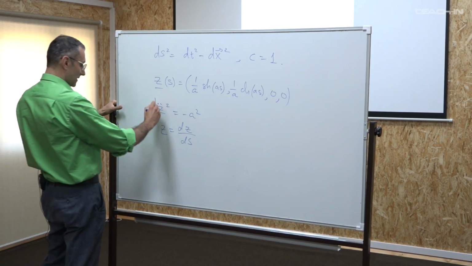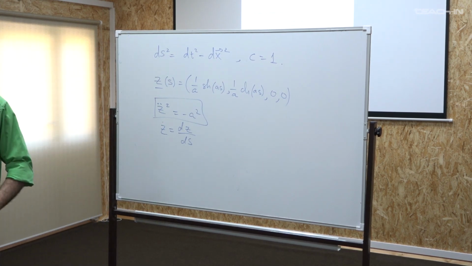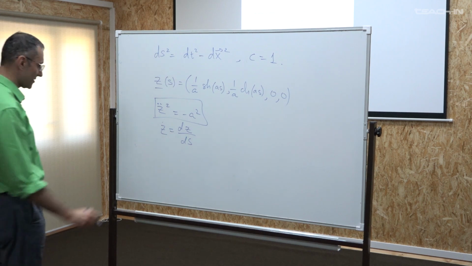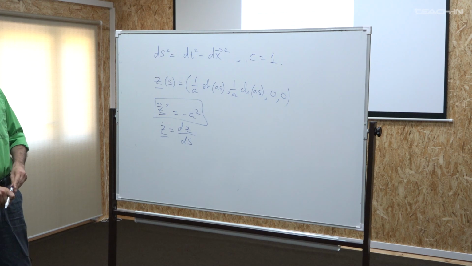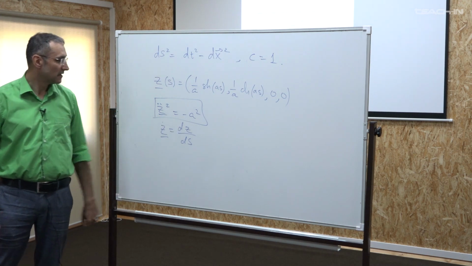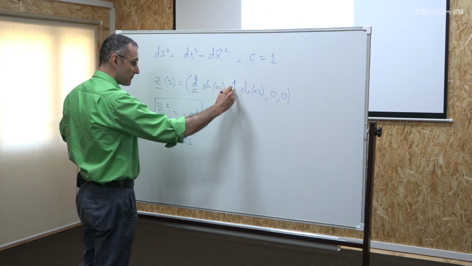This equation tells us that we have a constant 4-acceleration. The 4-vector of acceleration is constant. It's space-like. It doesn't matter that it's space-like, but it is.